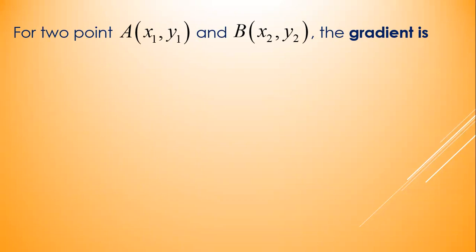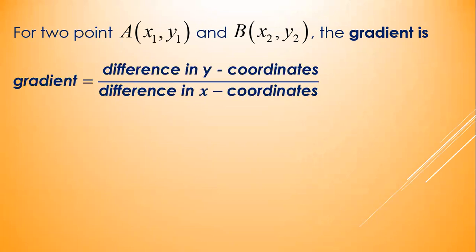When given 2 points, we can find the gradient by taking the difference in the y coordinates divided by the difference in the x coordinates.